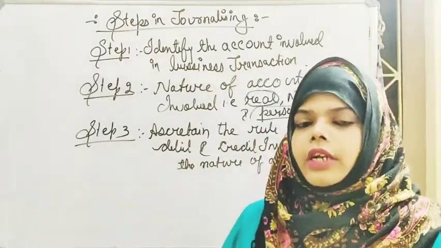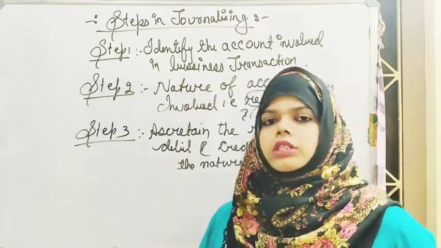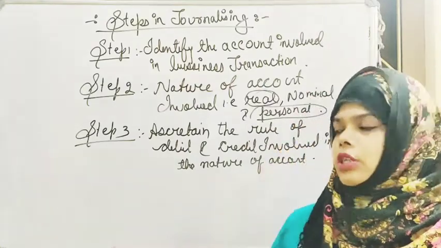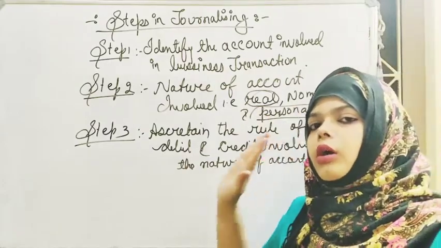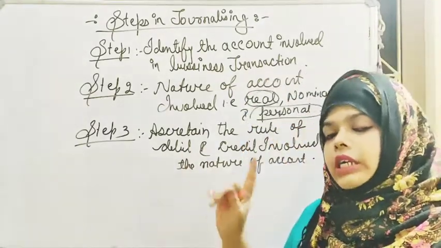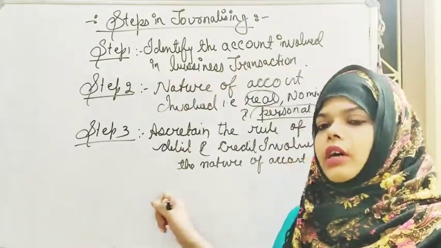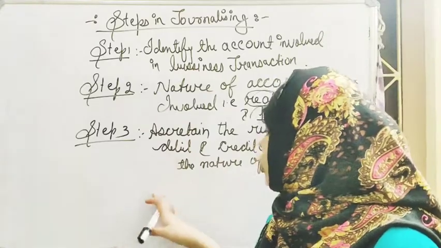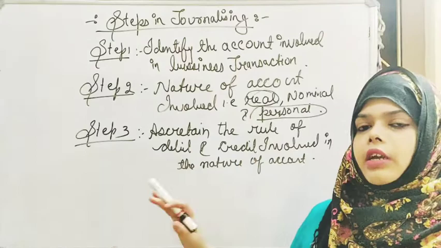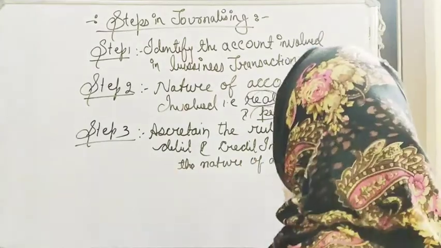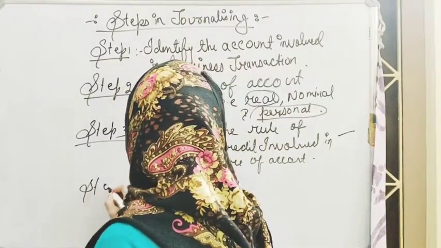Debit what comes in, credit what goes out; debit the receiver, credit the giver; debit expenses and losses, credit incomes and gains. Those are the three basic rules of debit and credit for real, nominal and personal accounts. So we have to identify each individual account, then know the nature of the account, then identify the rule to be applied for debit and credit in that particular nature of account.